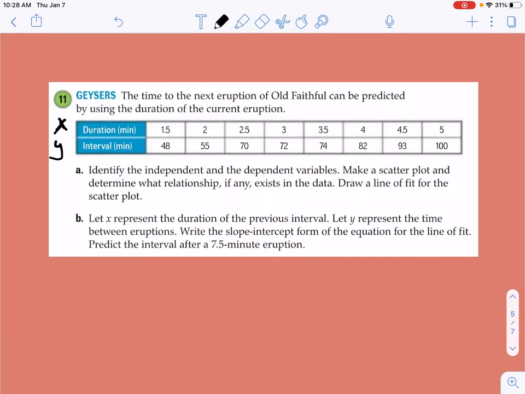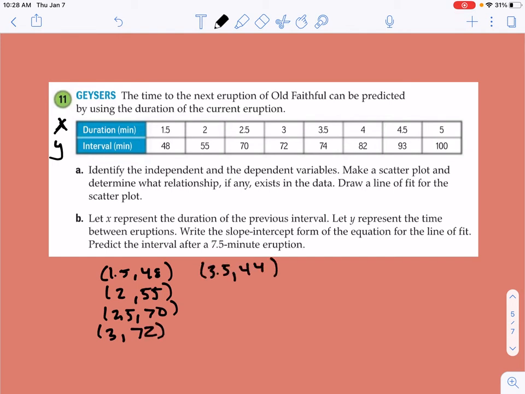Then we'll take this data and plot our points with it. The way we're going to do this is I'm going to write these as ordered pairs. So 1.5 and 48, 2 and 55, 2.5 and 70, 3 and 72, 3.5 and 74.